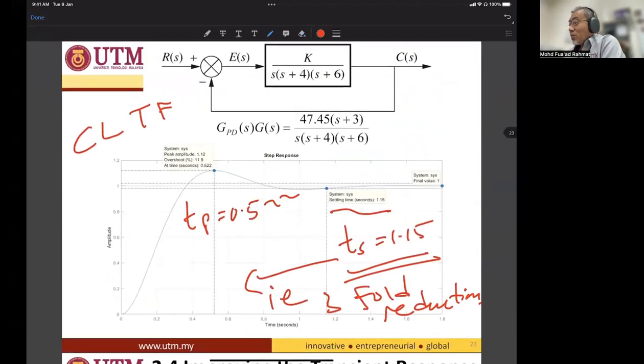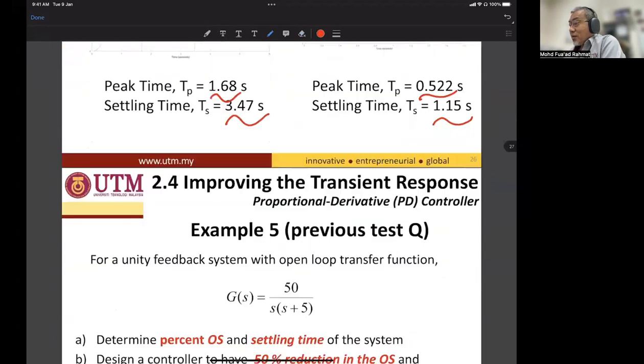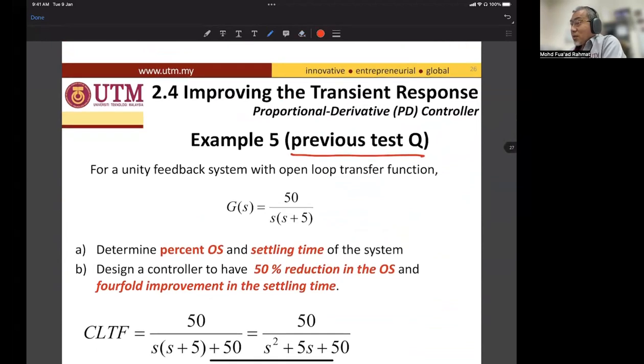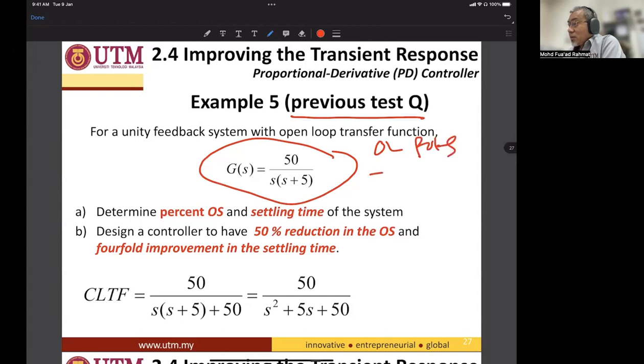Okay, if no question, we move to the second example. Again, PD controller. This is a test question, a previous test question. I don't know what year it is. For a unity feedback system with the open loop transfer function 50 over s(s plus 5), observe it. Open loop poles: minus 5, 0.